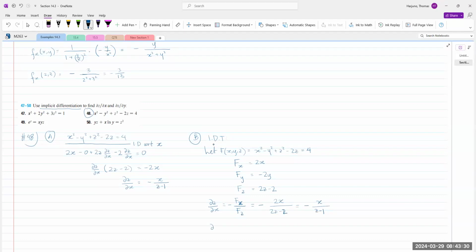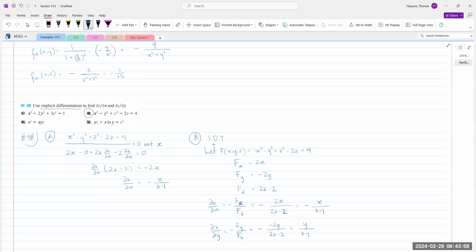And the partial of z with respect to y will be negative partial f with respect to y over partial f with respect to z. That will be negative of negative 2y over (2c minus 2). That will give us positive y over (c minus 1).